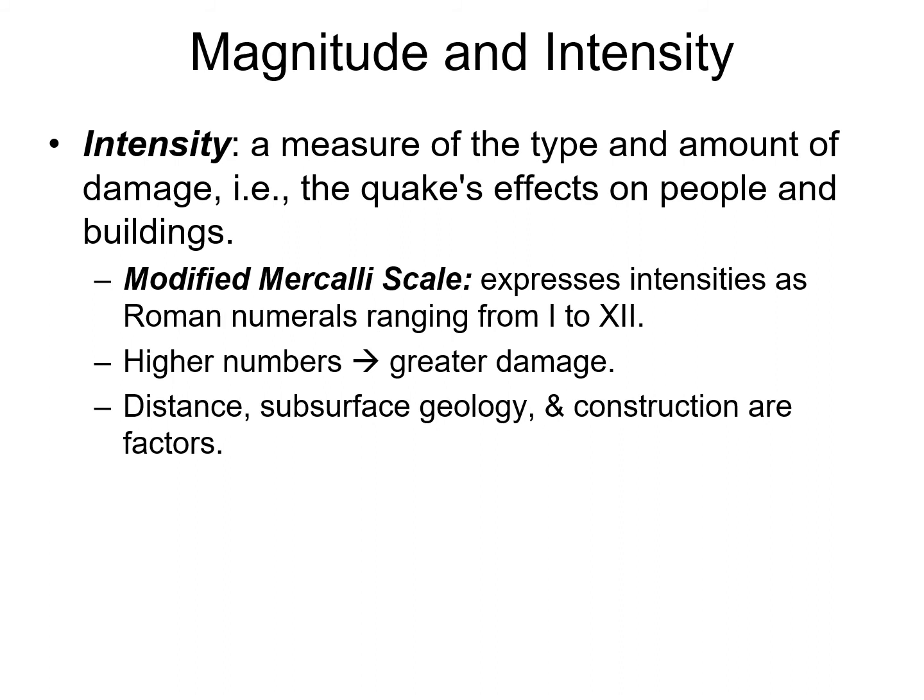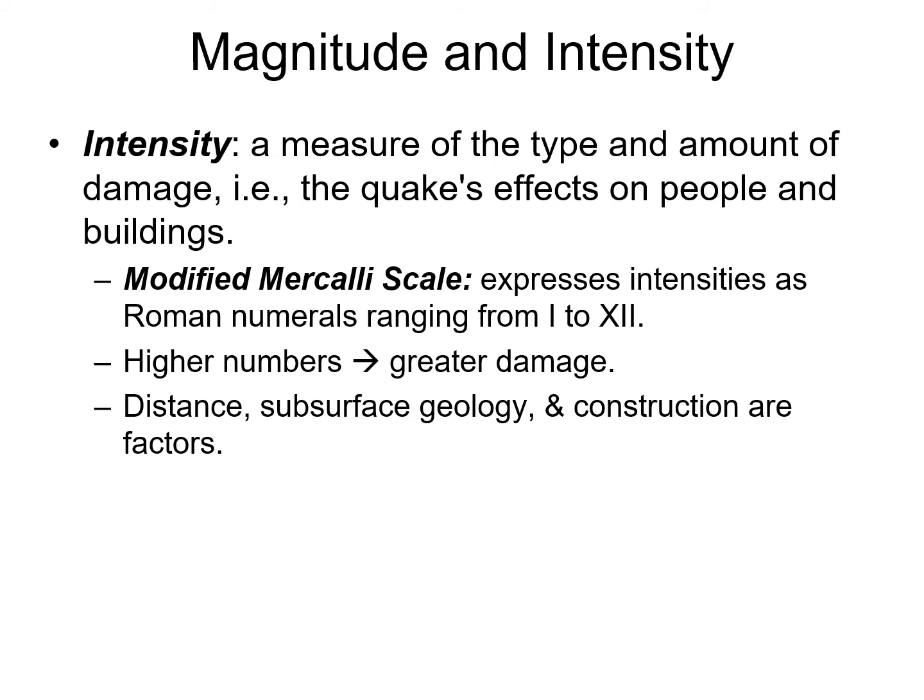Now looking at how we figure the magnitude and intensity. So how big was the earthquake actually? There's a difference between the magnitude of the earthquake and the intensity of the earthquake. Intensity is a measure of how strong the shaking was at any particular location.